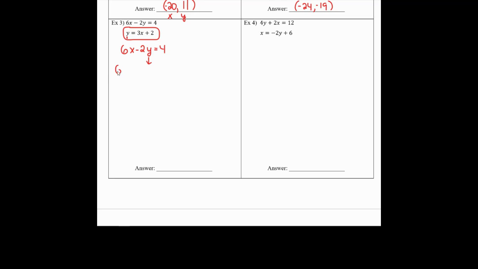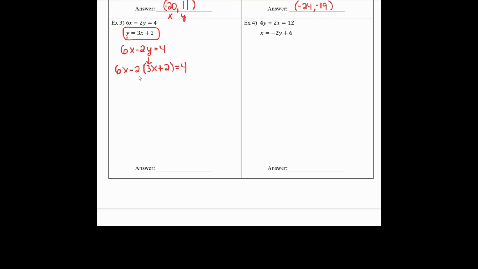Let's go ahead and copy 6x minus 2. And then when you get to the arrow, you put parentheses. And inside the parentheses, you're going to copy what's in the circle. In this case, it is 3x plus 2 equals 4.